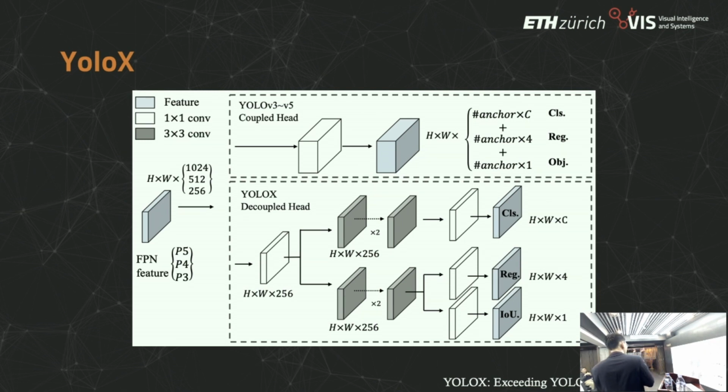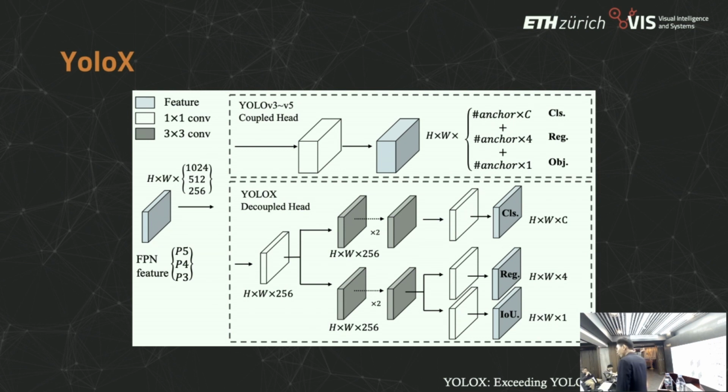Okay, so here is the multi-head. In YOLO, usually we use the same feature to predict both the object classification and where the bounding box is. But in YOLOX, it's found that it's a good idea to have two separate branches, or two separate small networks, to predict the class and the bounding box location.